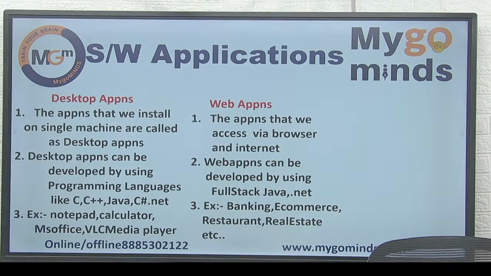So if you want to become a full stack developer, you definitely have to learn these concepts. Before learning HTML, JavaScript and CSS, these three are common for everyone. Whether you are a full stack Java developer or .NET developer or Python developer, you must have the knowledge of all this stuff. Is it clear?